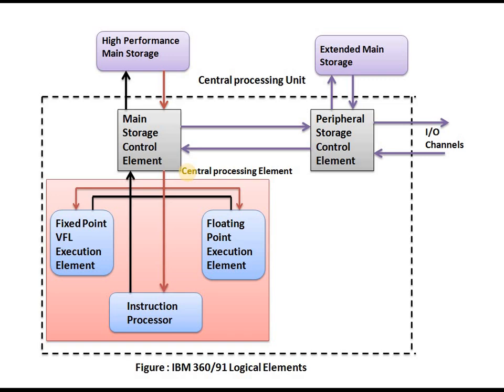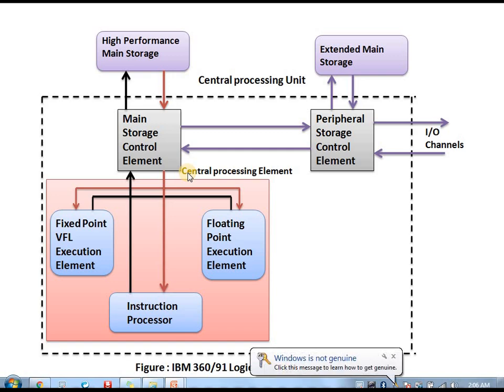The floating point execution element operates as an independent computer, although most of the floating point instructions require more than one cycle of execution time. The main storage control element handles all fetching and storing of data for the CPU. It is designed to minimize conflicting requests for storage and to make the most efficient use of storage.